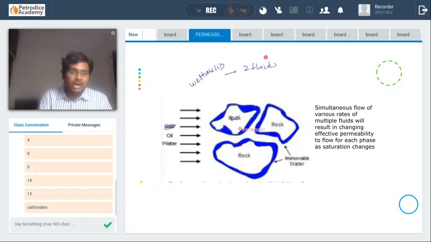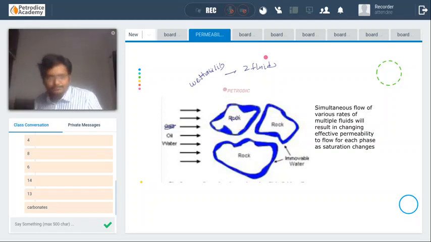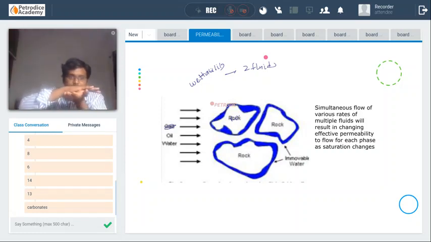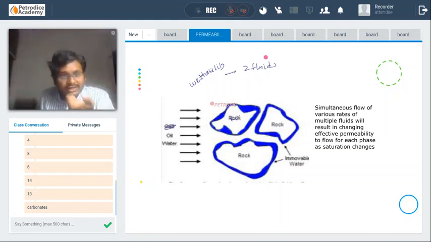And what happened was, all the water particles have been attracted towards the rock when compared with oil. So all the water particles have formed a layer on top of the rock. That means the rock is preferring water particles when compared with the oil particles.